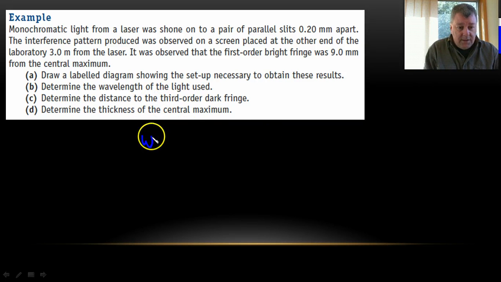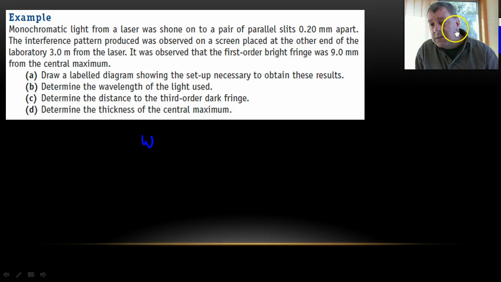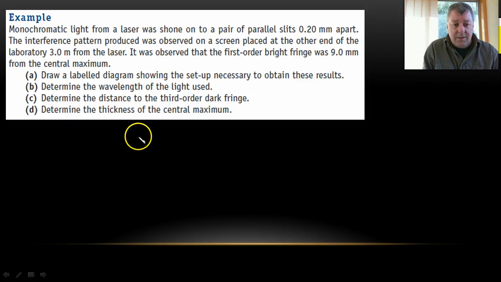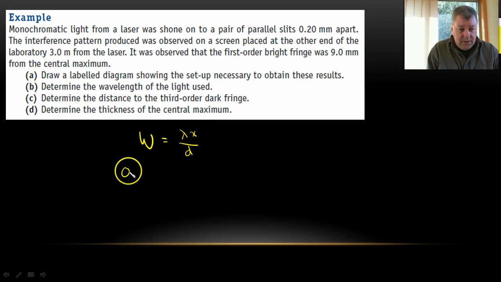So let's go back to a nice color that we can see easily. We've got W equals lambda x on D. So if we just put the numbers in, there's our 9 millimeters.